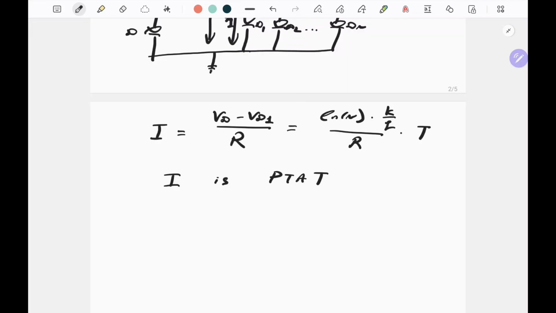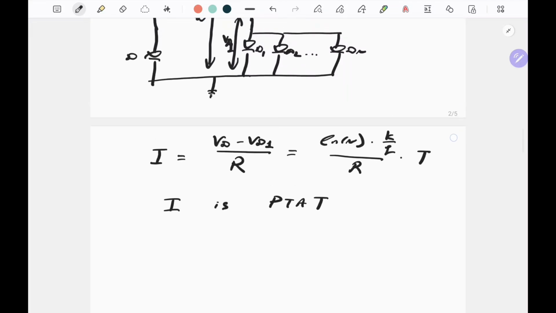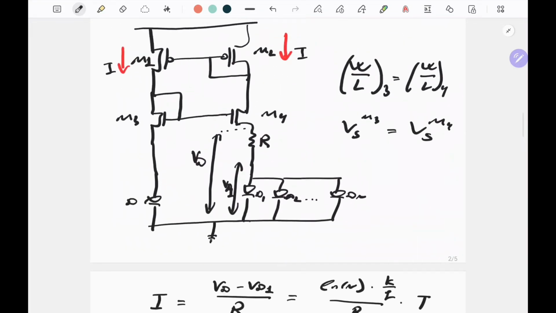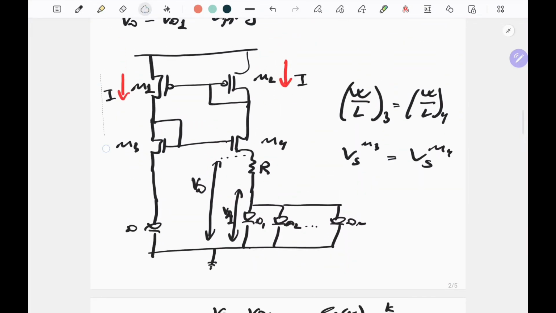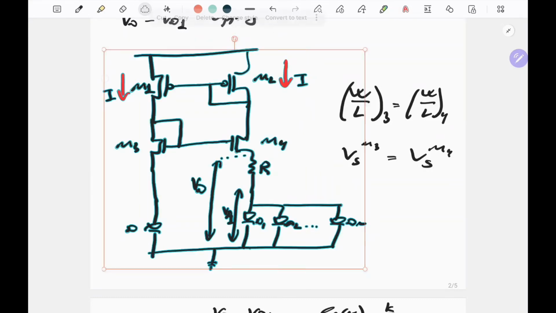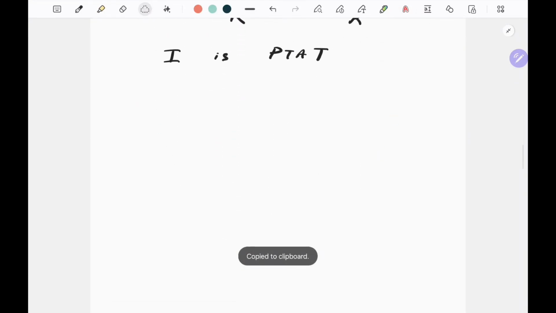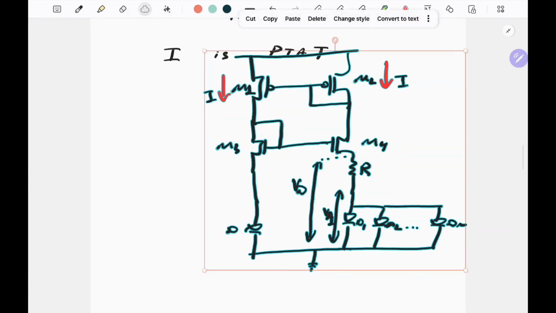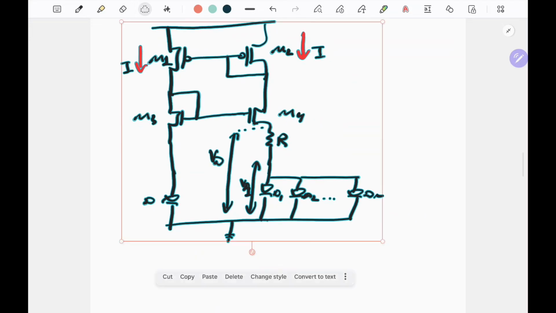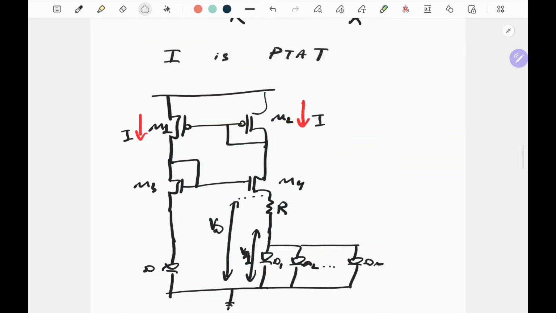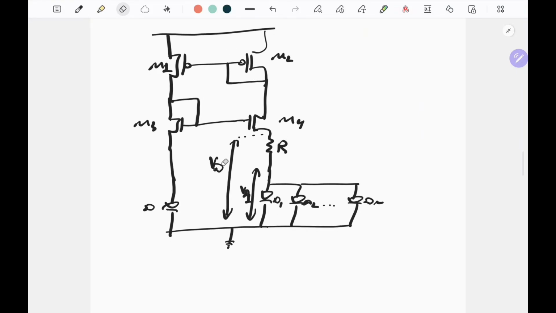Next, we will use this current to build a single-ended PTAT voltage reference. So for this purpose, let me first copy this circuit that we built here. So let's paste it over here. Let's drop some notations.